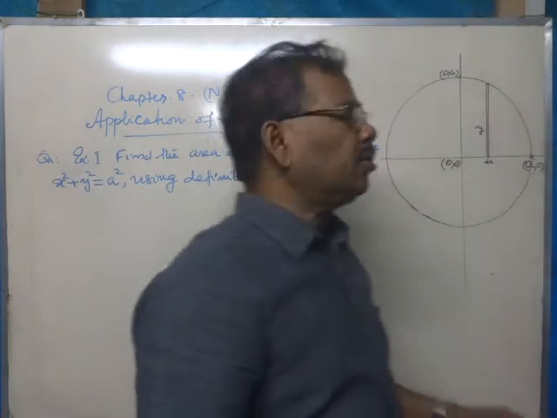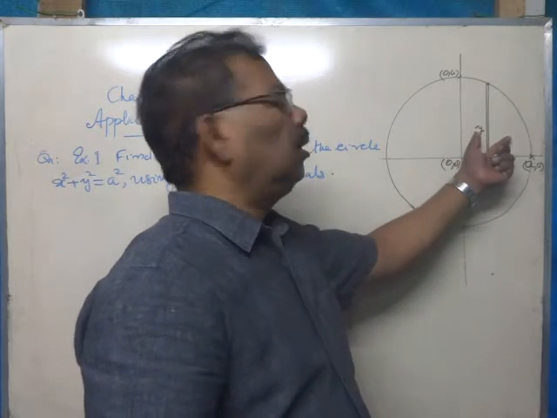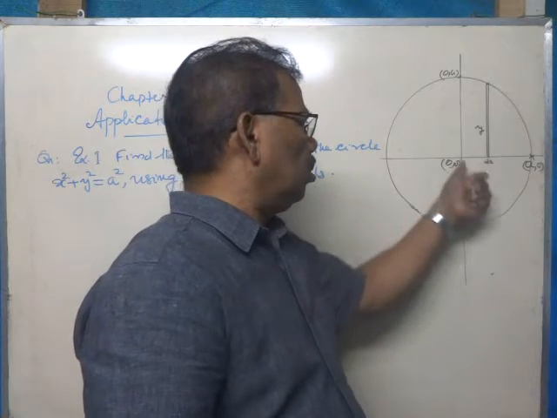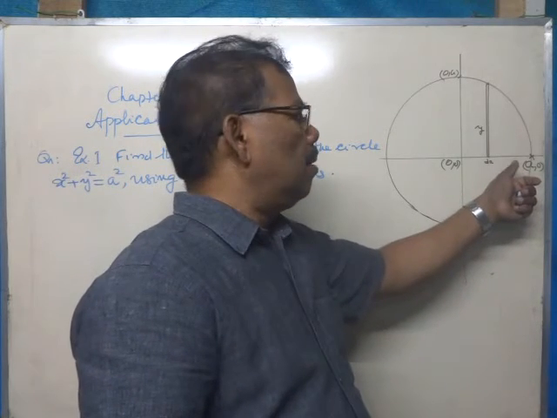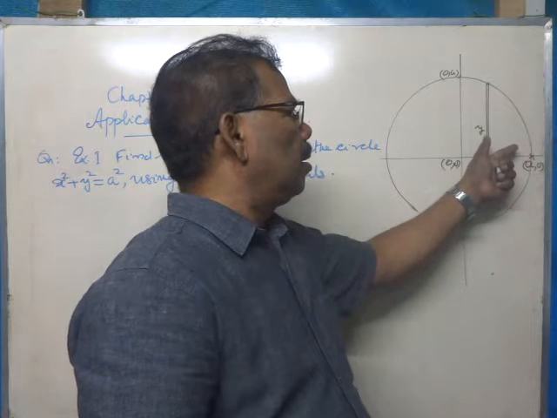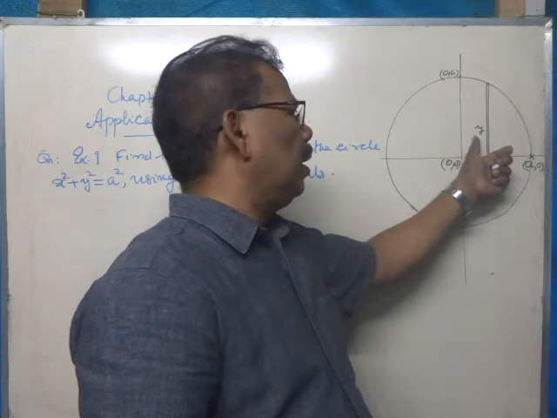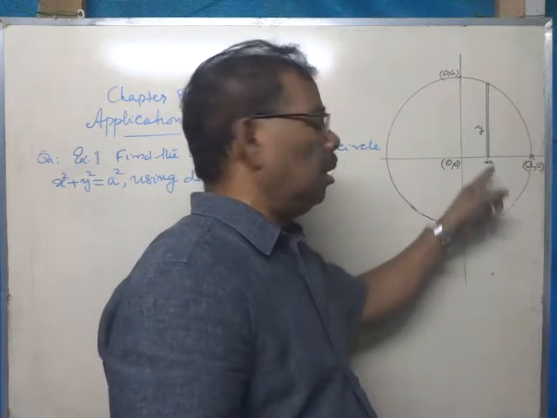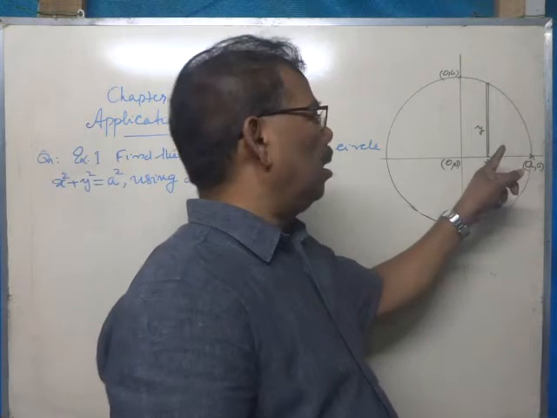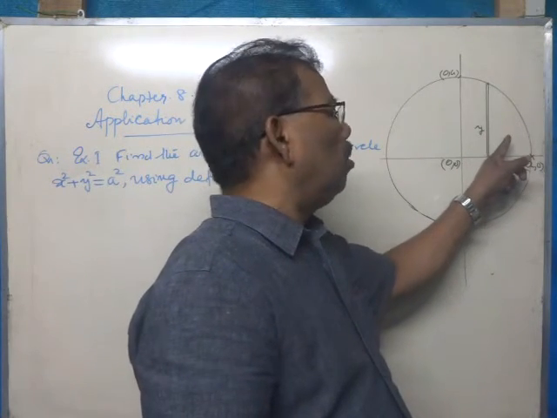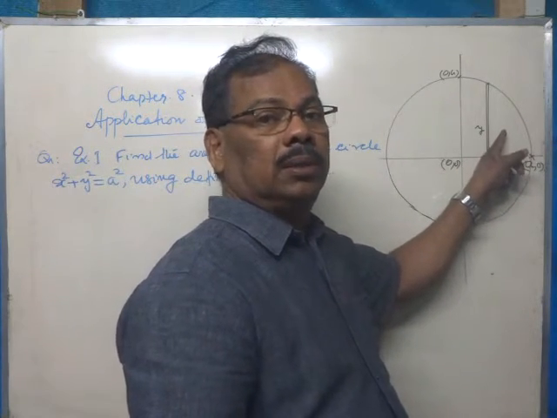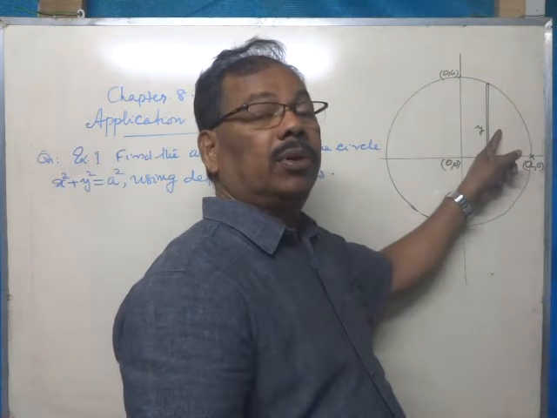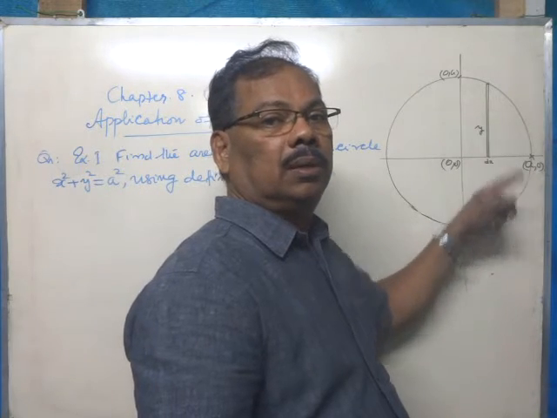If we consider all such rectangles in the sector, that is 1/4 of the circle, it will cover the area. If we consider all such rectangles that we can draw like this, summing the area of all those rectangles, we get the area of this sector. Then 4 times that area will be the area of the circle.